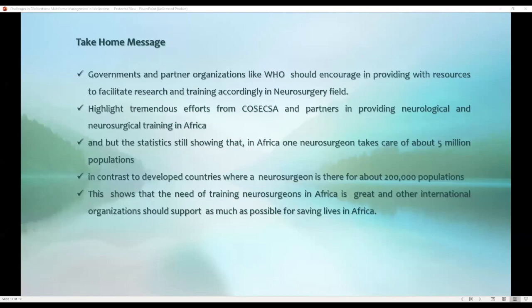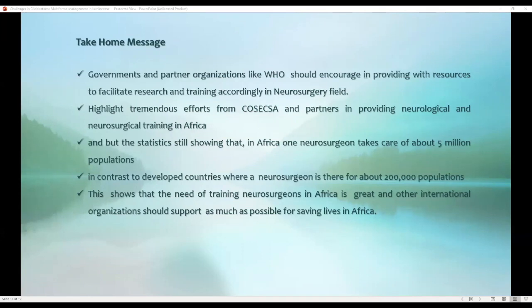We want to highlight the tremendous efforts from the College of Surgeons of East, Central and Southern Africa, COSECSA, with its partners in providing neurological and neurosurgical training in Africa. COSECSA is doing a great job in training surgeons in Africa. So countries, governments, and partner organizations should look at what COSECSA is doing and support this great job.